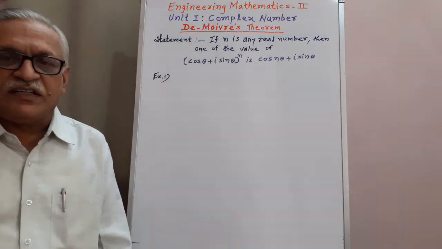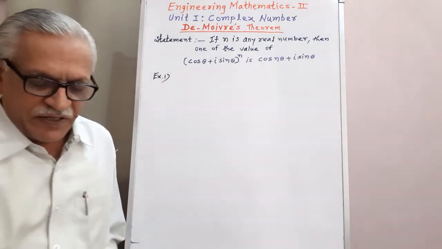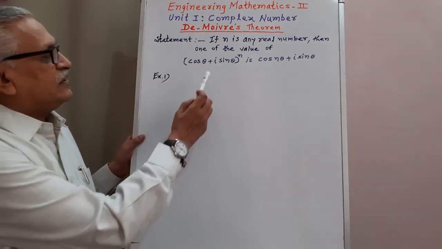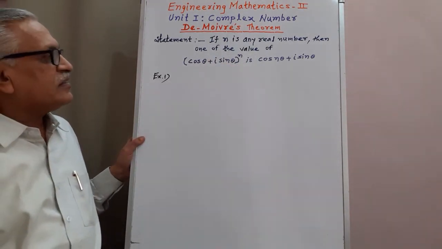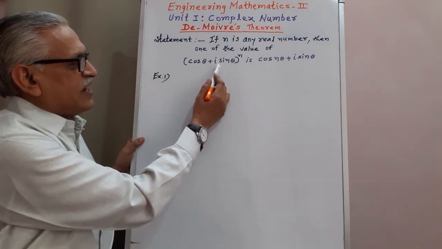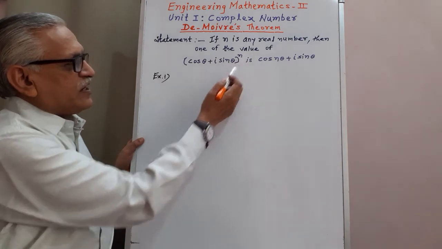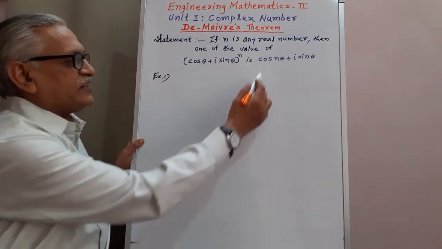On the topic De Moivre's theorem, the statement is like this: if n is any real number, then one of the values of (cos theta plus i sin theta) raised to n is cos n theta plus i sin n theta.